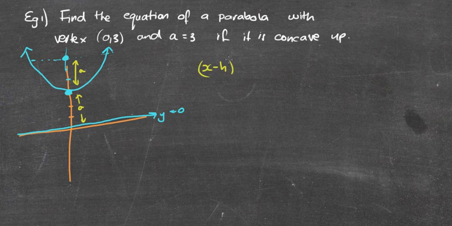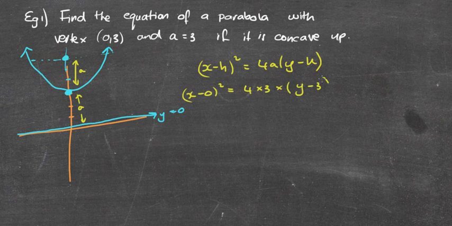(x minus h) all squared equals 4 times a times (y minus k). We know h is 0, so we've got (x minus 0) all squared equals 4 times a, which is 3, times (y minus k). Well, it's y minus 3.